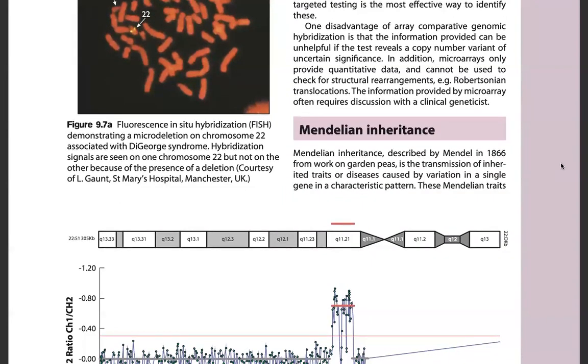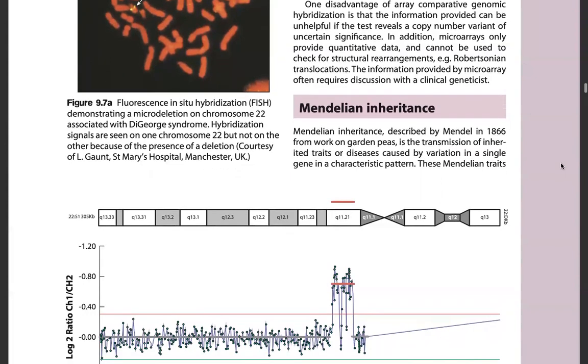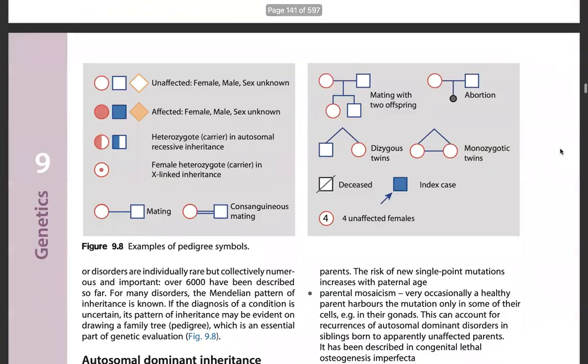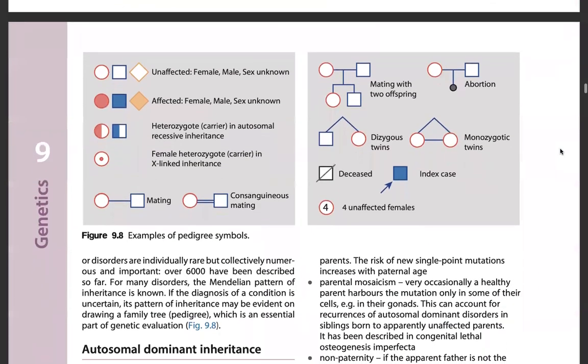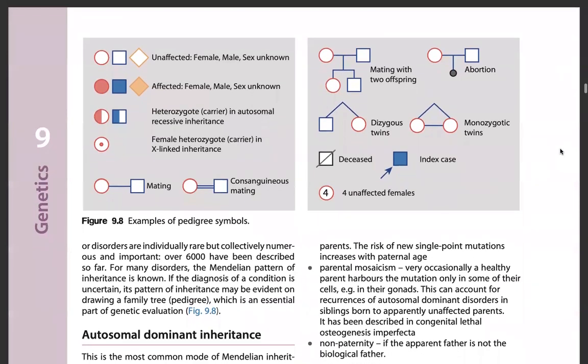Now, Mendelian inheritance. Mendelian inheritance, described by Mendel in 1866 from work on garden peas, is the transmission of inherited traits or diseases caused by variation in a single gene in a characteristic pattern. These Mendelian traits or disorders are individually rare, but collectively numerous and important.